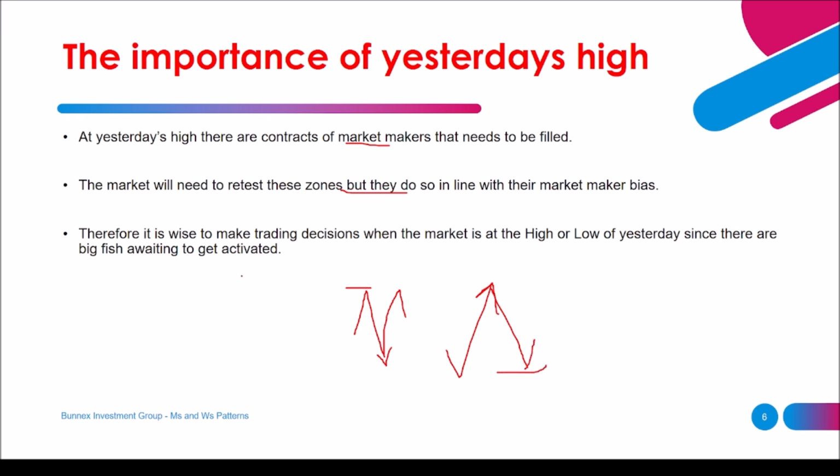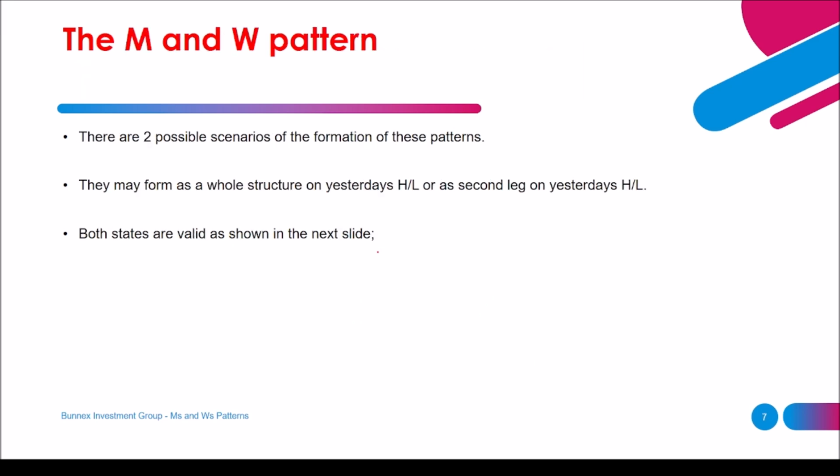Therefore, it is wise to make trading decisions when the market is at the high or low of yesterday, since there are big fish awaiting to get activated. You need to make those decisions at yesterday's high or yesterday's low, because that is where the other big fish are waiting.